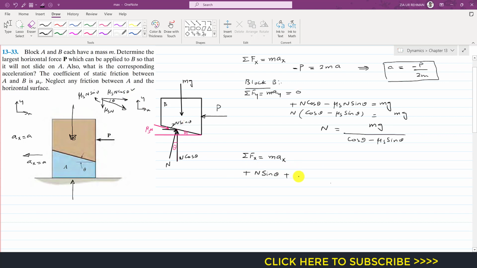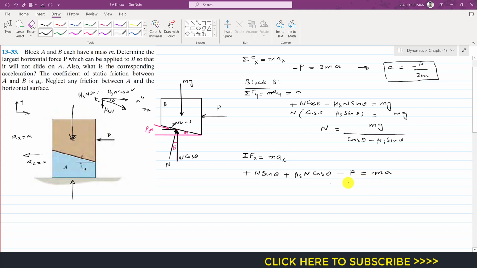This is plus mu s N cos of theta, and minus this P force, which is acting in the negative x direction, and this will be equal to m. The mass of block B is m and ax is a. Both the blocks are moving with that same acceleration.